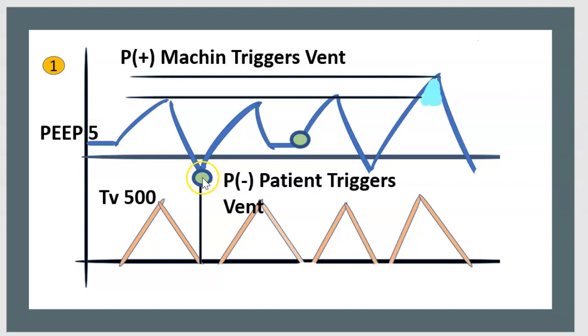Negative pressure means the patient triggers the vent. On the other hand, here is a positive pressure. Positive pressure means the machine triggers the vent. If it is negative, it's the patient that triggers the vent. If it's positive, it's the machine that triggers the vent.